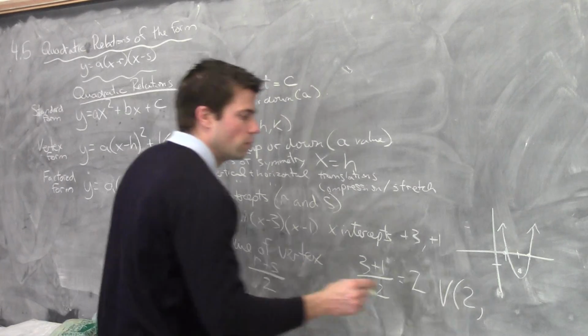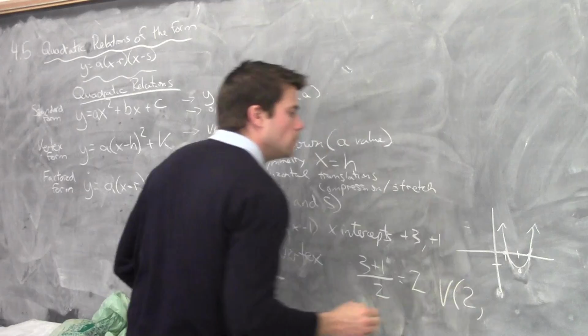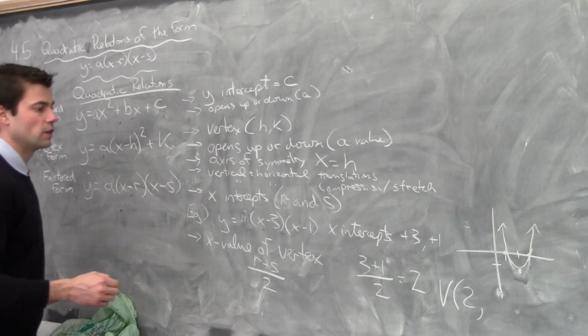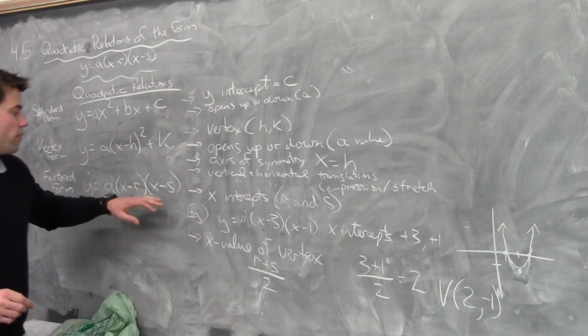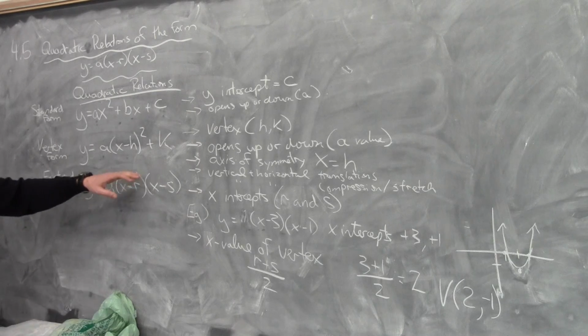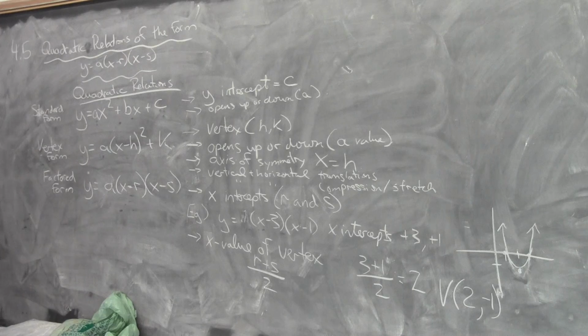So it would have been more like this. Okay? So my vertex is (2, -1). Okay, so the factored form tells you the x-intercepts, which you can then add and divide by 2, and very quickly you can get the x value of the vertex.